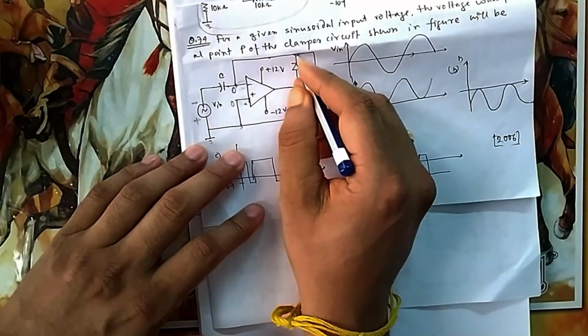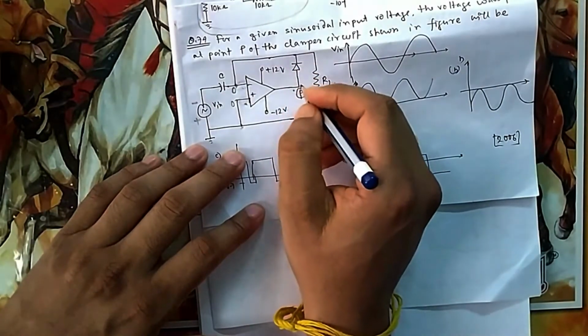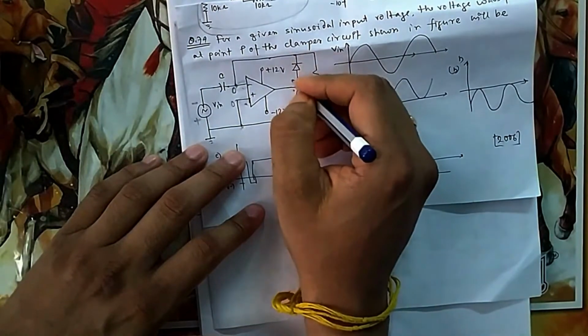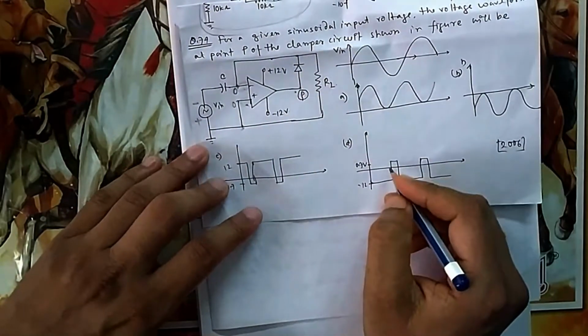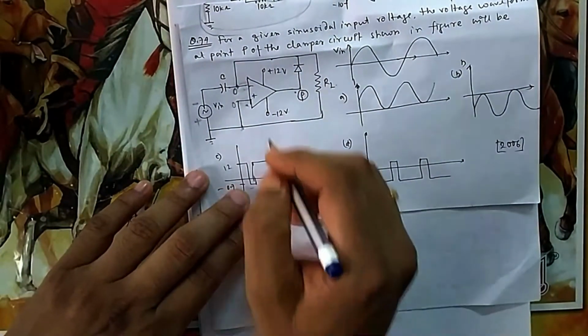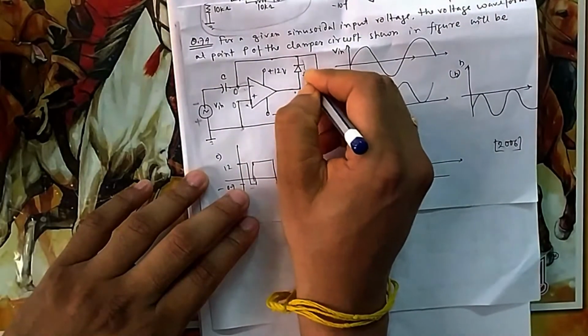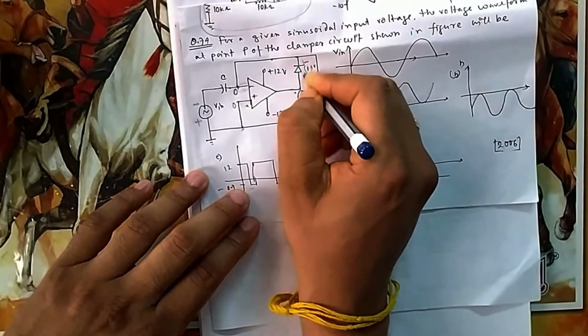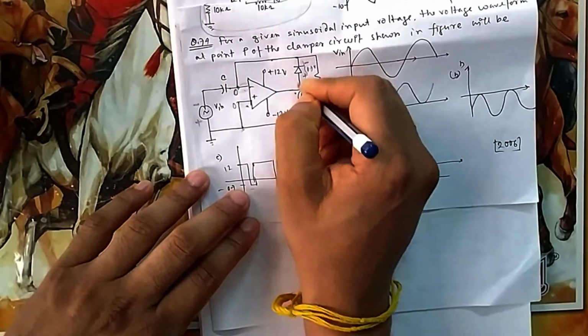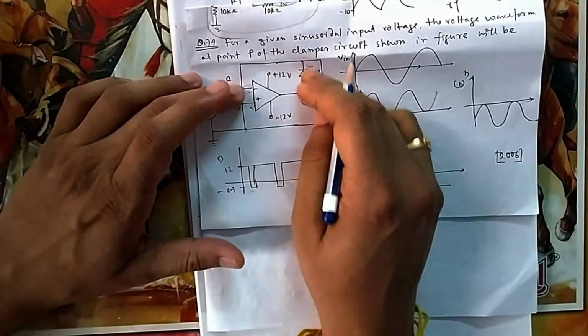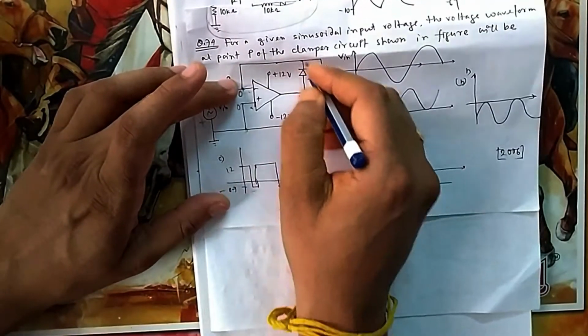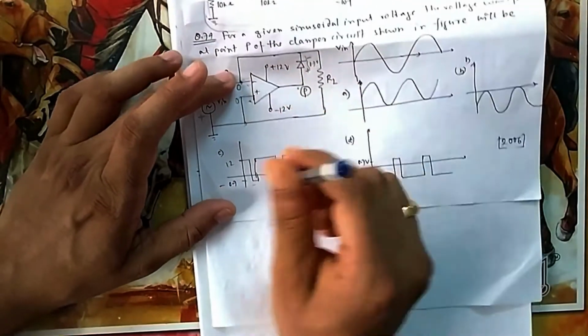Once this diode gets forward biased, what is the voltage of this one? There is a 0.7 in the figure also, so the forward voltage drop is 0.7, so this is plus minus 0.7 volt, from P up to 0, that is ground. So what will be the voltage of Vp?